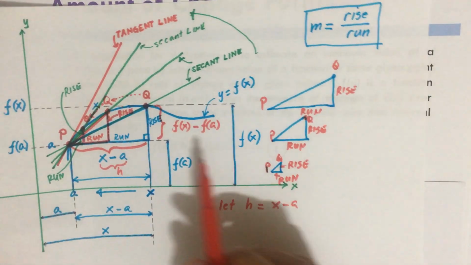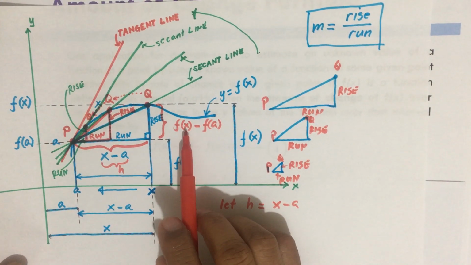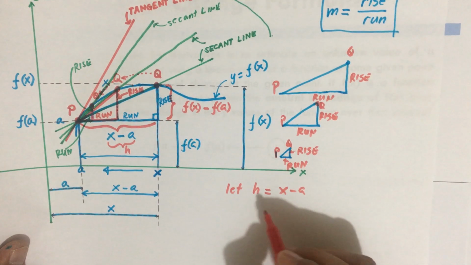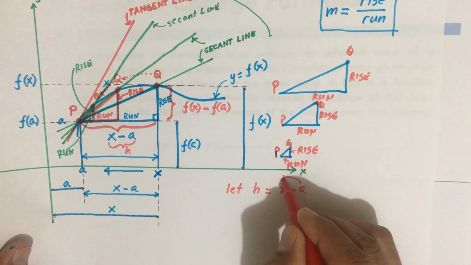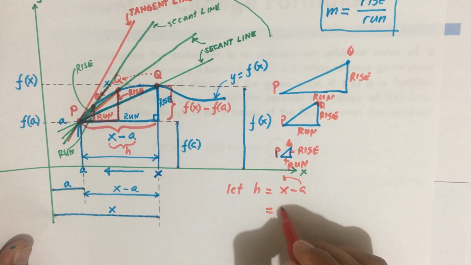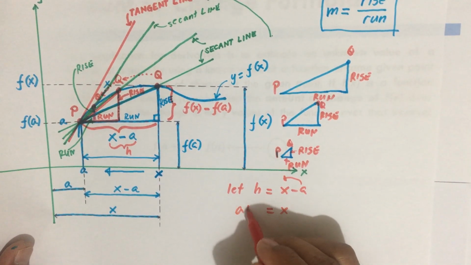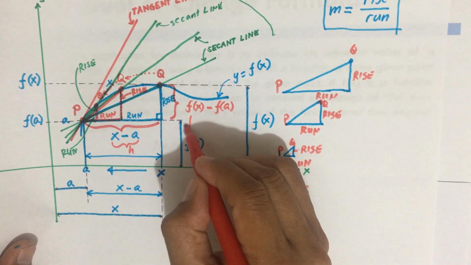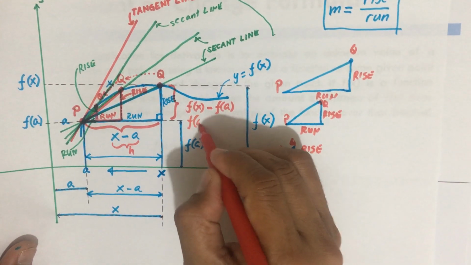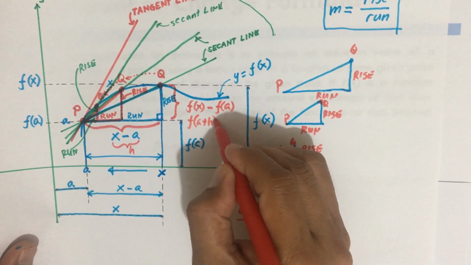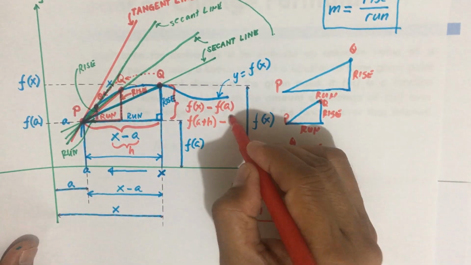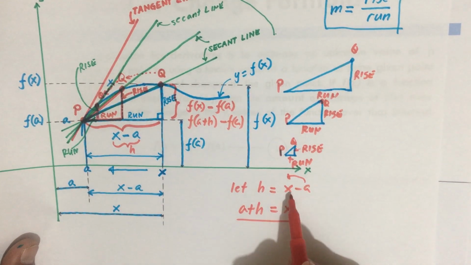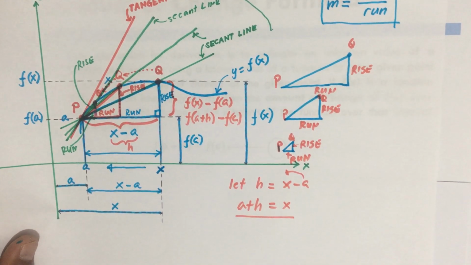Since we let h equal x minus a, we can transpose it to the other side and solve for x. So our x here is a plus h. So we can write this as f of a plus h minus f of a. They're just the same when you let h be equal to x minus a.